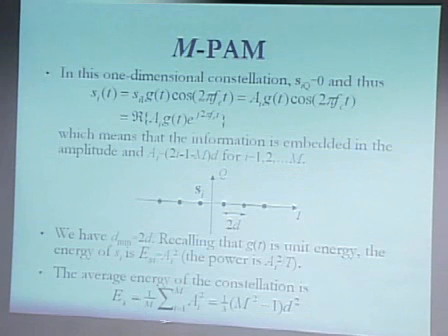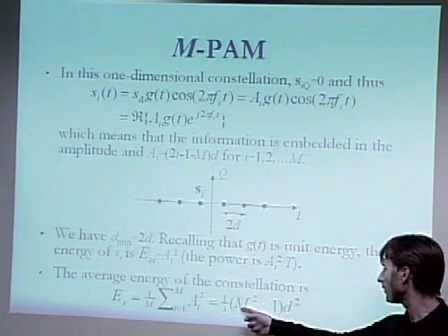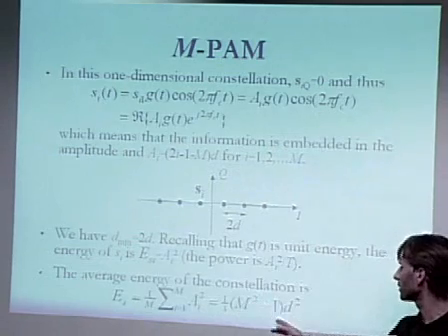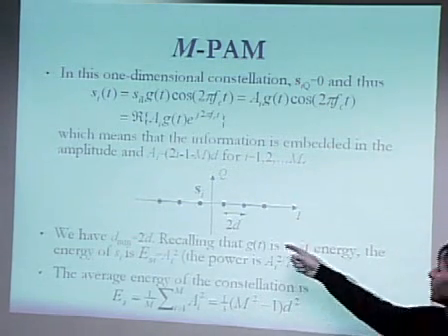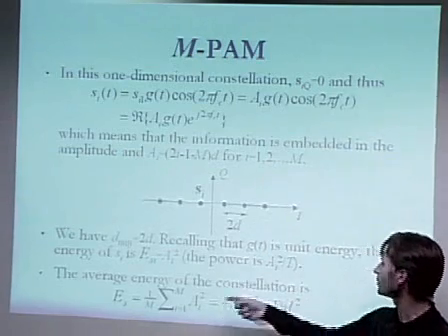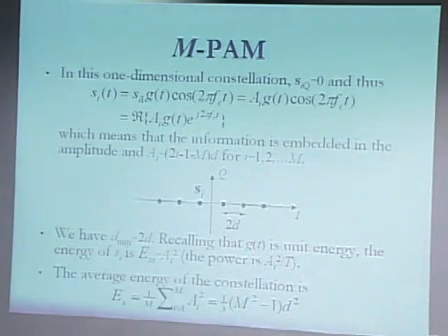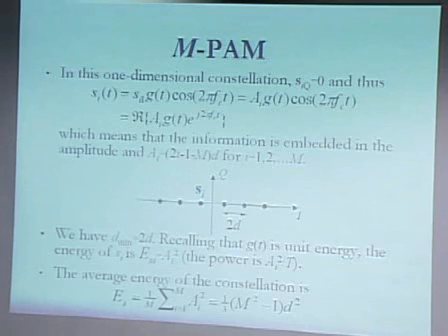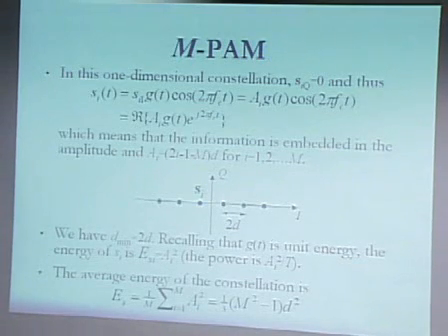This summation is pretty tedious, but you can square this, add it up, and find a very nice formula. It's tedious work, but at the end, it's very rewarding. It's one third of (M squared minus 1) times d squared, where M is the number of points. And remember that 2d is the point separation. That's the average energy of the constellation lined up like this with this type of spacing. And that's a typical MPAM constellation.